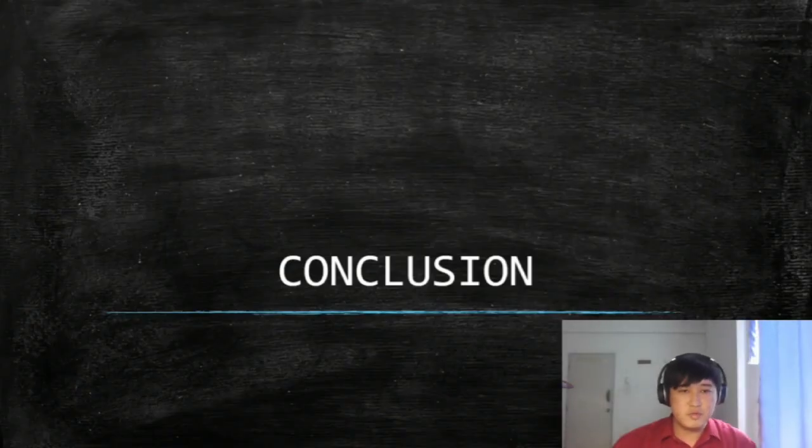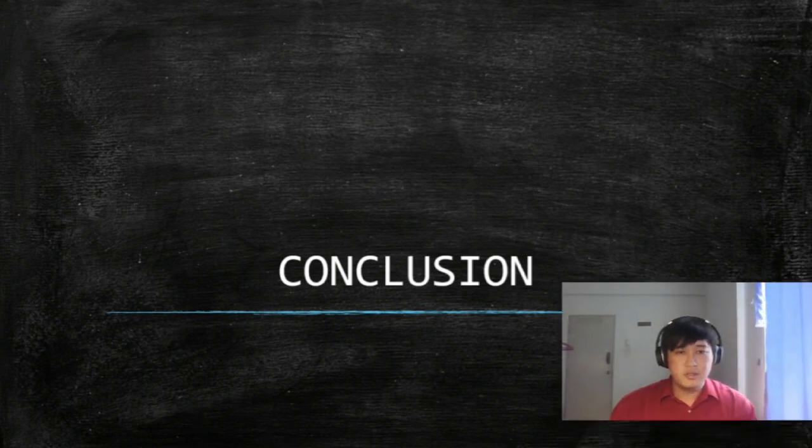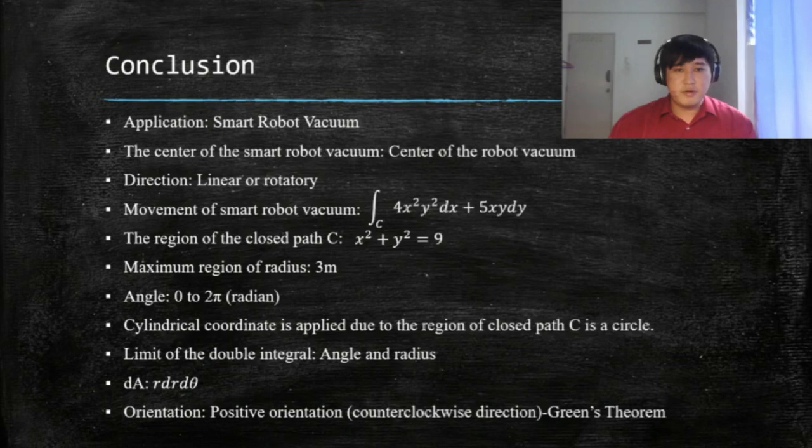Hi, my name is Tujun Yi. Now I will present the conclusion part. Our application is the Smart Robot Vacuum. The center of the Smart Robot Vacuum is the center of the robot vacuum. The direction of the robot vacuum is linear or rotatory.